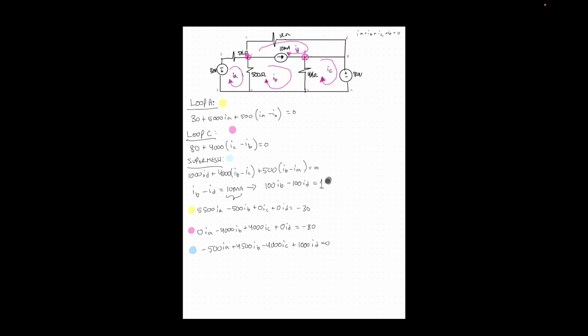And last, my constraint. My constraint is going to be 0 IA plus 100 IB plus 0 IC minus 100 ID equals to 1.